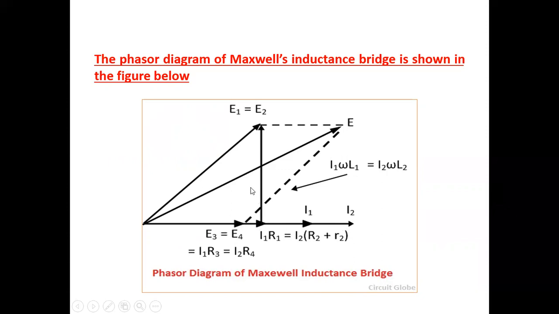The voltage of the inductance, that is I1 into j omega L1, will be 90 degrees leading with respect to I1. Then the addition of both, that is E1 is equal to E2. I1 omega L1 is equal to I2 omega L2. Then I1 R3 is equal to I2 R4, also taken in phase with the currents I1 and I2.